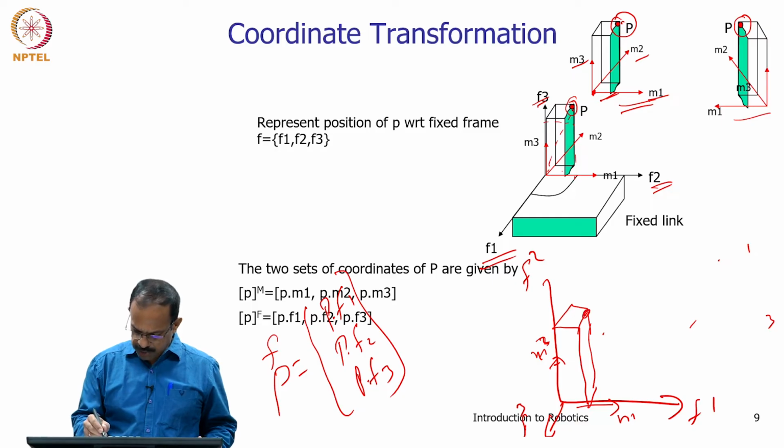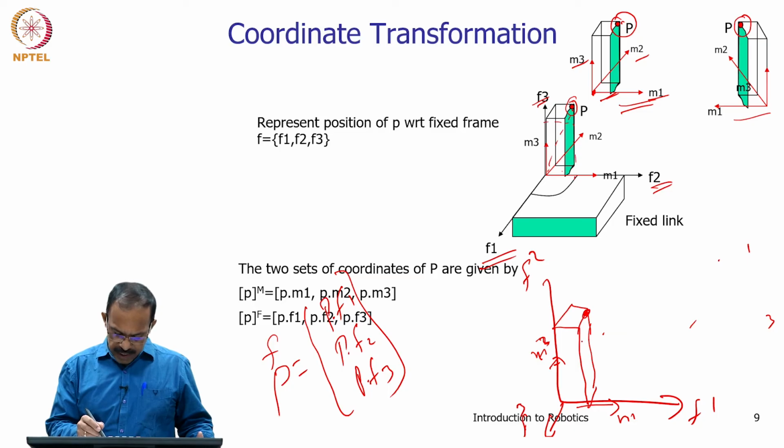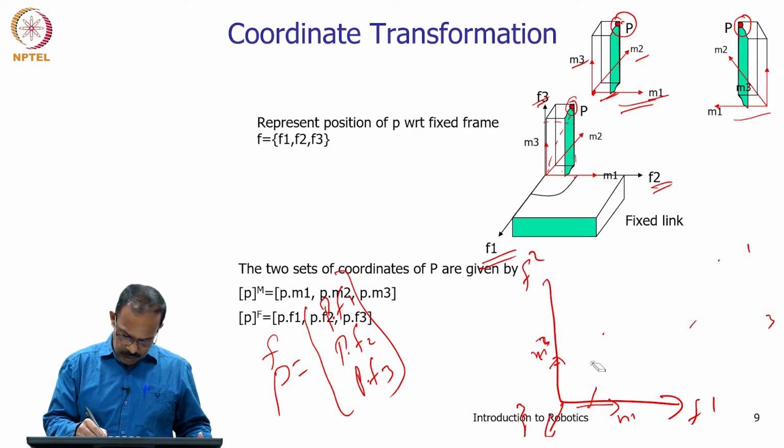So, this was point P. Now, if I have rotated this object by 90 degrees, I have turned this and the object actually came like this, and P actually reached this position. So, this is P now.